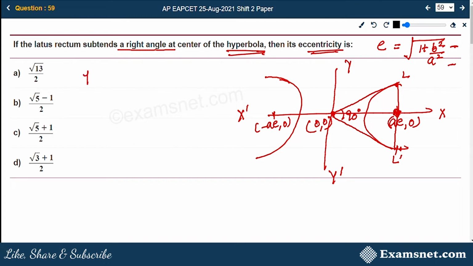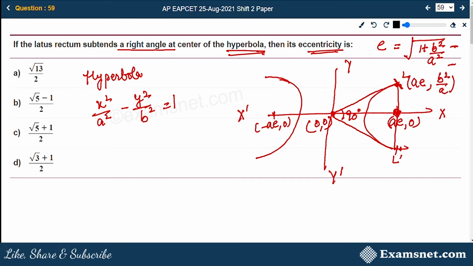Also, the general form of a hyperbola is x square upon a square minus y square upon b square is equal to 1, right? Now the end points of this latus rectum are (ae, b square upon a), and over here this is (ae, minus b square upon a). So what is the length of the latus rectum, L L dash?